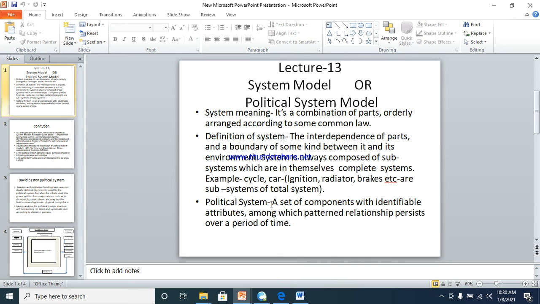We can give an example: cycle, car. In this definition we will discuss the example of a car. Car is the main system model, but within the limits of the car different subsystems function: the ignition, radiator, brakes, wheels, tires, body.